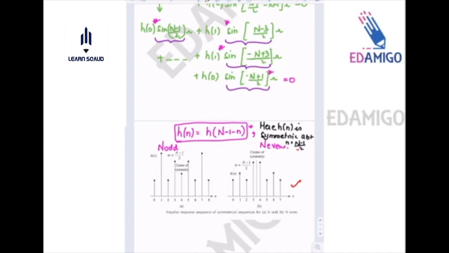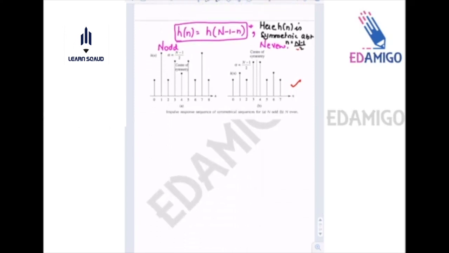This is a very important conclusion: for symmetricity, the FIR filter impulse response should be symmetric about (N minus 1) divided by 2. Here N is odd, N equals 9 in this case, so it will be symmetric about 4. We can see that this is symmetric about 4. Here N is equal to 8, that is even, so it will be symmetric about 3.5. So this is an important condition that you should learn.